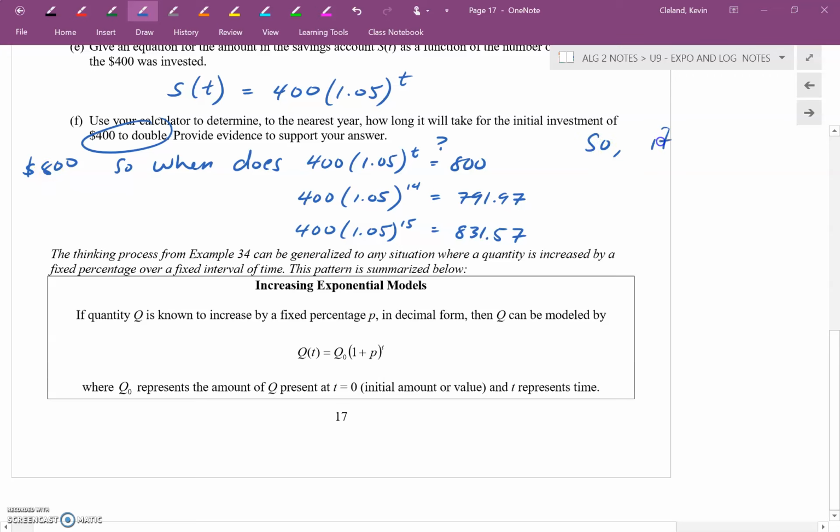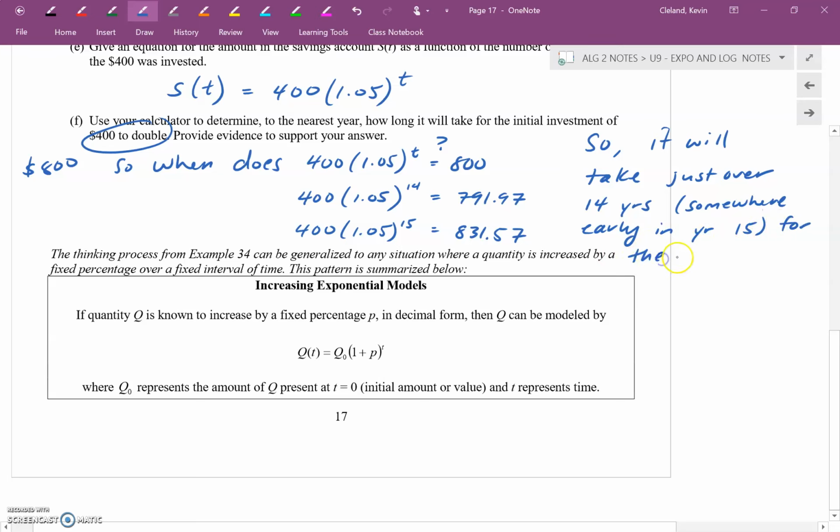So it will take just over 14 years. So somewhere in year 15 for the investment to double.